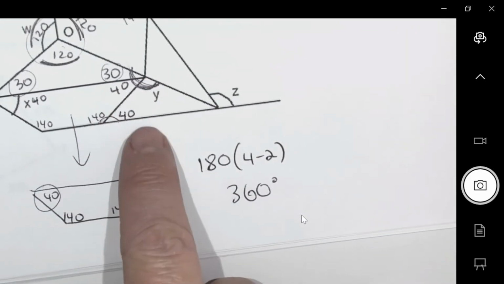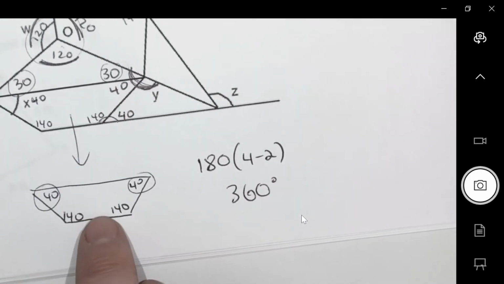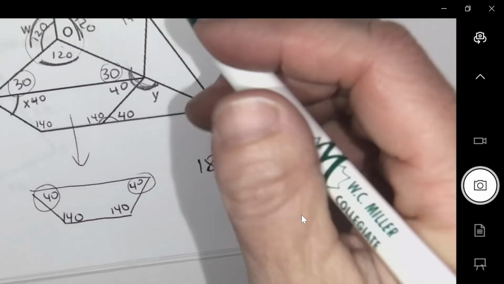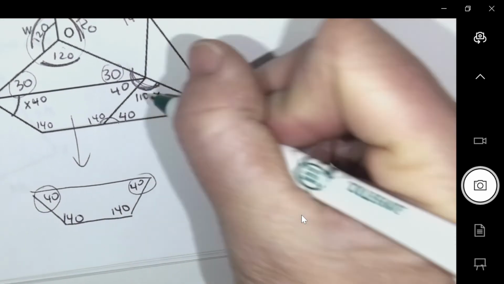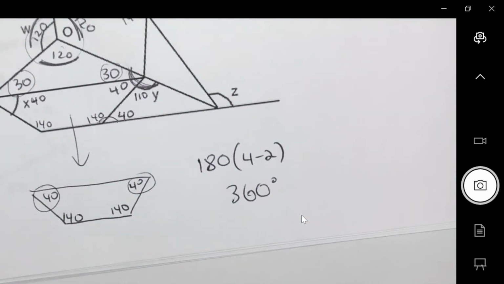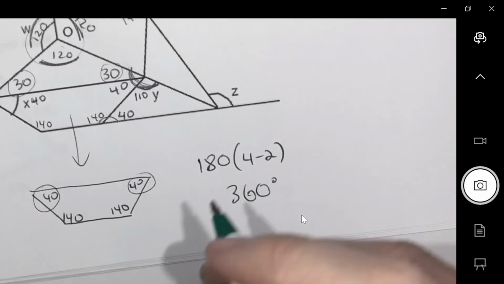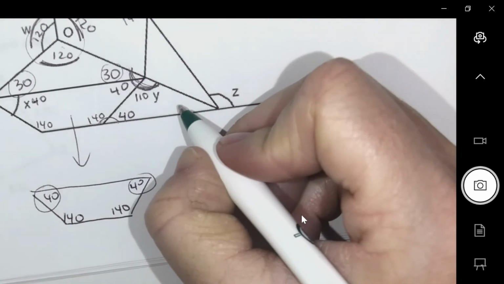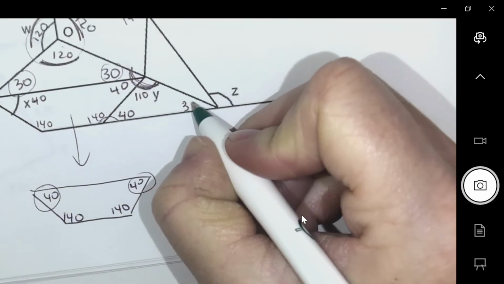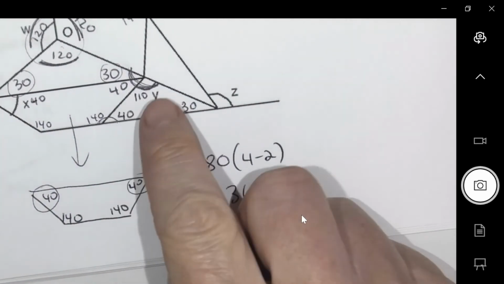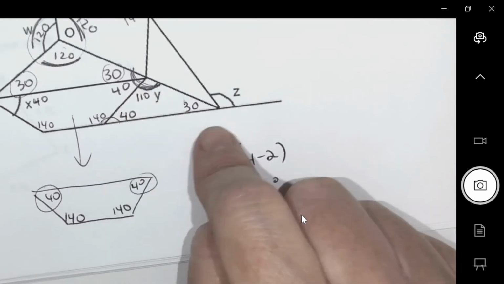You already have a 30, a 40, which is 70. So this is 110. So now this one is 30 because of the triangle.